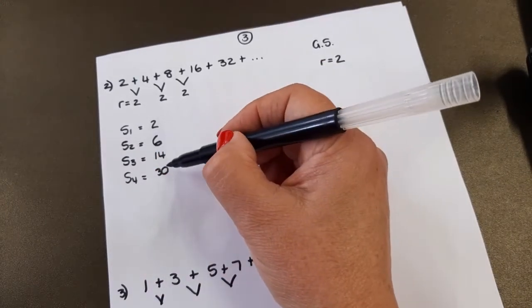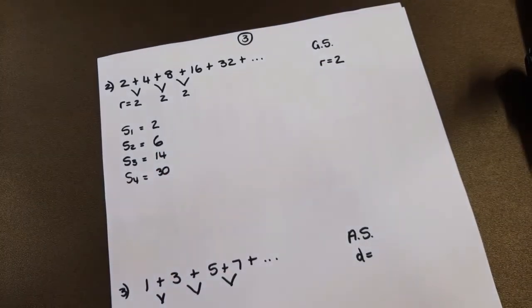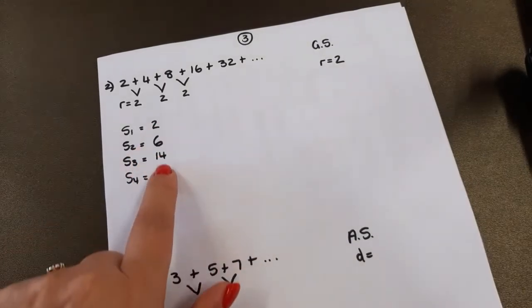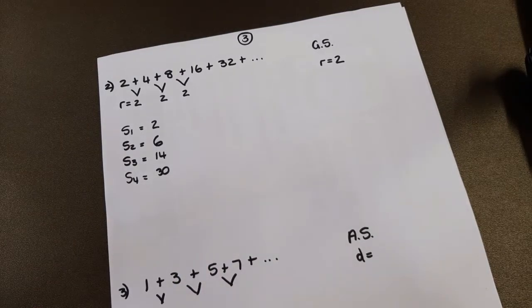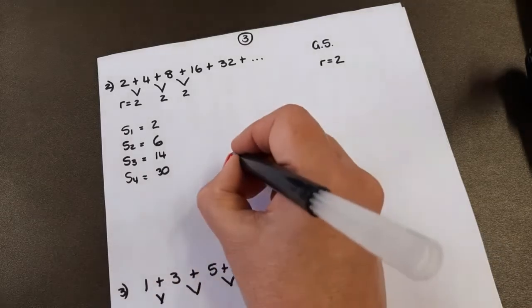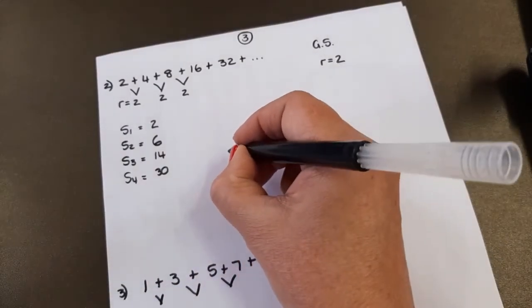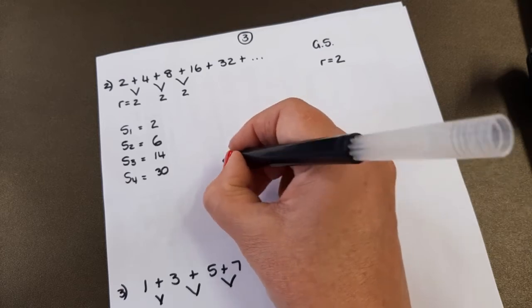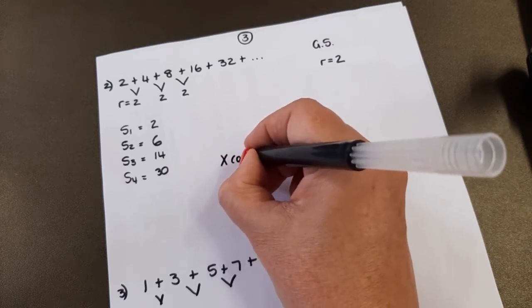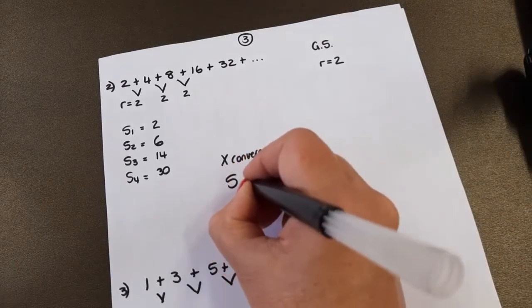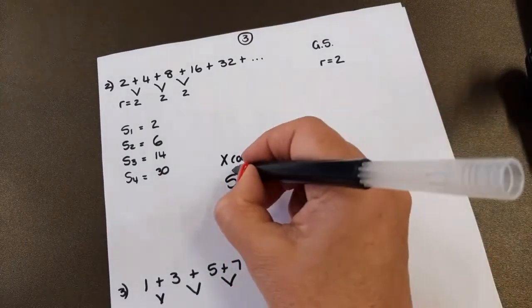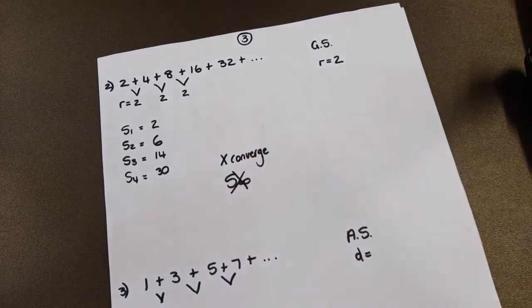What can you see? The sum of all the terms, if you add another one, will grow bigger and bigger. So we won't get a final answer because it will just grow into infinity. It does not converge, and therefore, the sum of infinity doesn't exist.